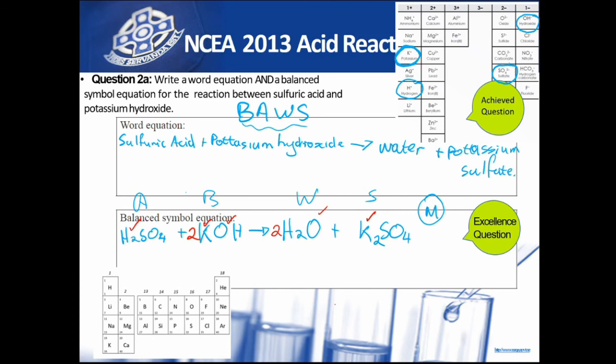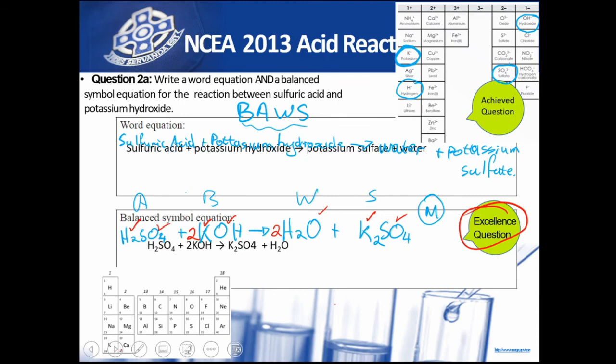Okay, now sulfates. There's 1 sulfate on this side and 1 sulfate on this side. So that's balanced. And just like that, you got your excellence. That is wrong. They needed a 2 there.